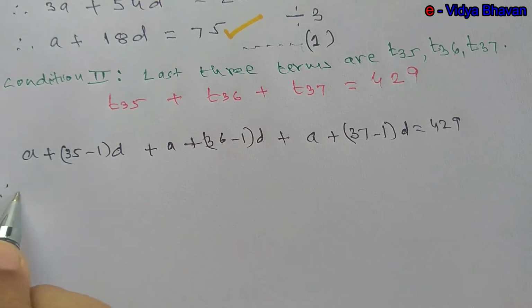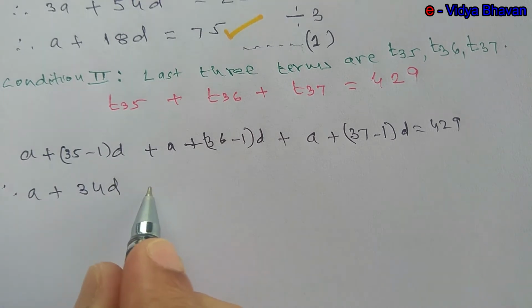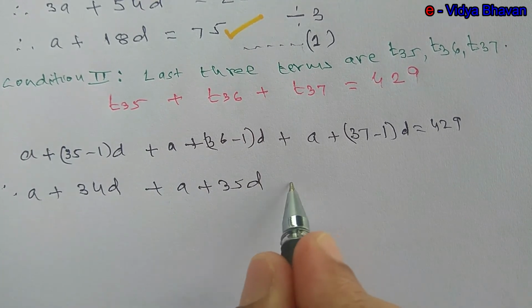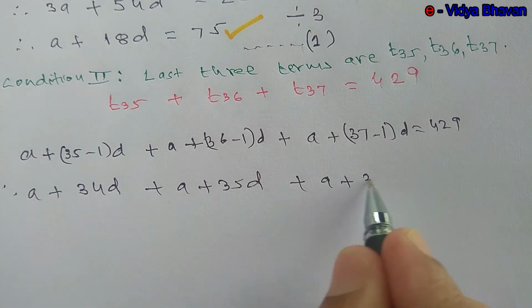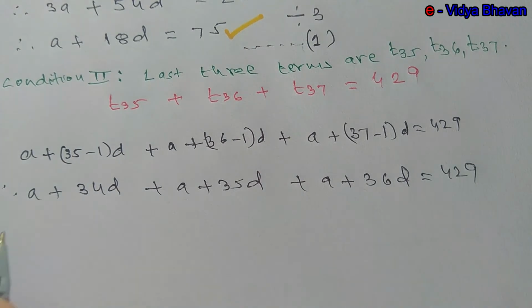Now let's open the bracket. a plus 34d, a plus 35d, a plus 36d equal to 429.